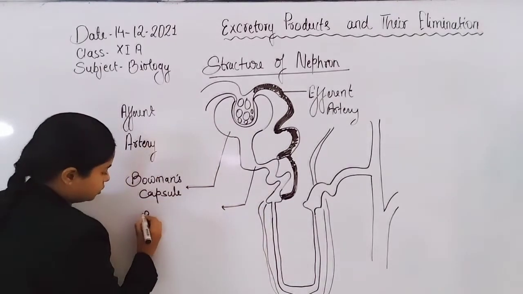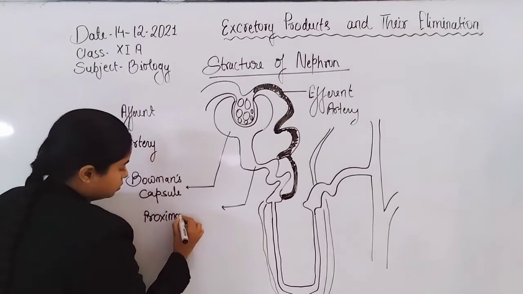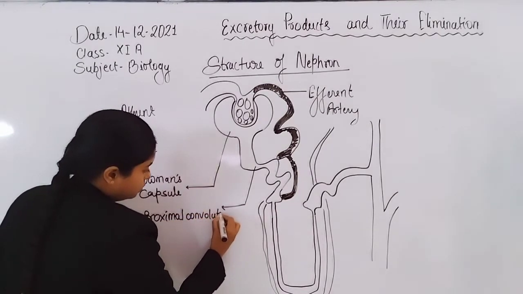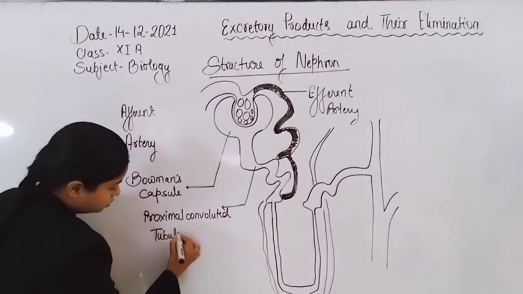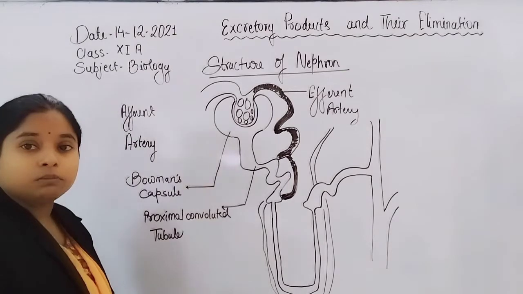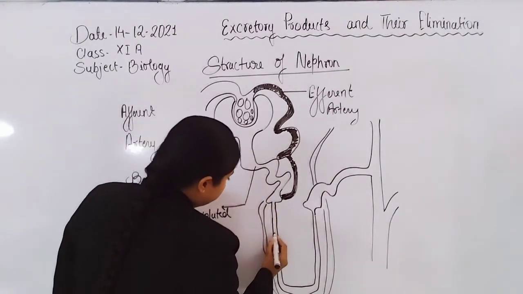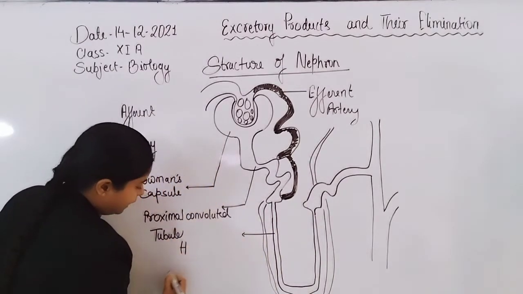That tubular structure is known as the proximal convoluted tubule, and the proximal convoluted tubule continues into the loop of Henle.